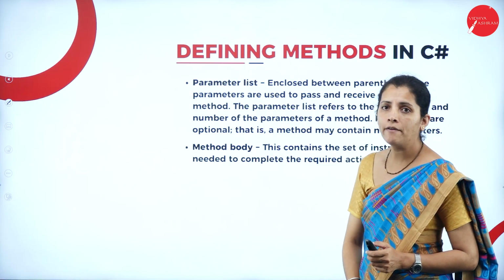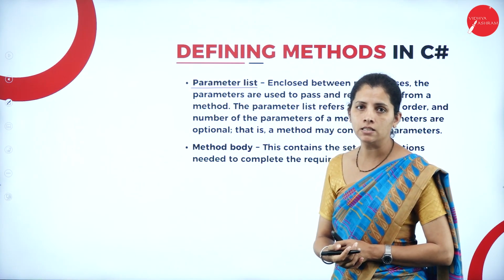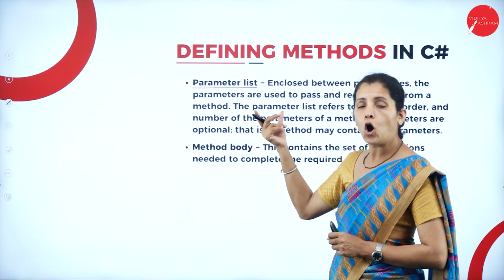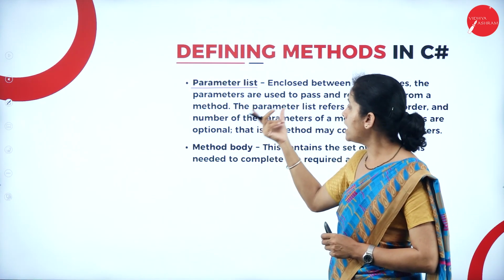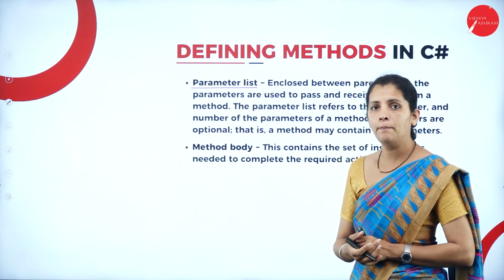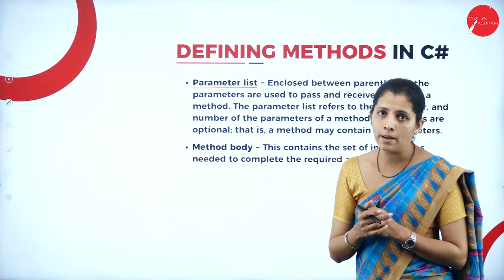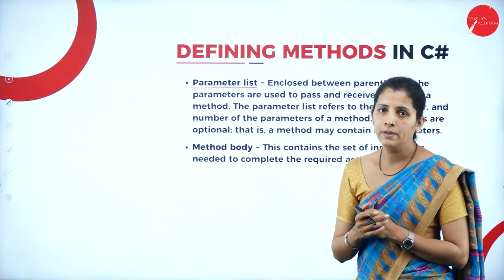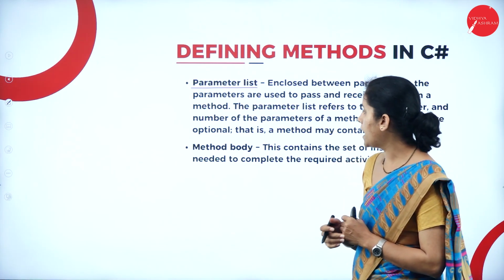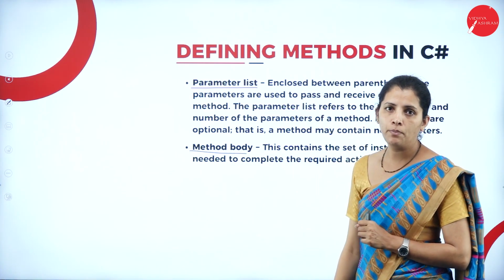Now I'm going to have my next field, that is the parameter list. Parameter lists are nothing but the arguments, and I specify the parameter list within the braces. The function may have parameters or may not. That purely depends on the user's program. And at the end, I'm going to have the method body.